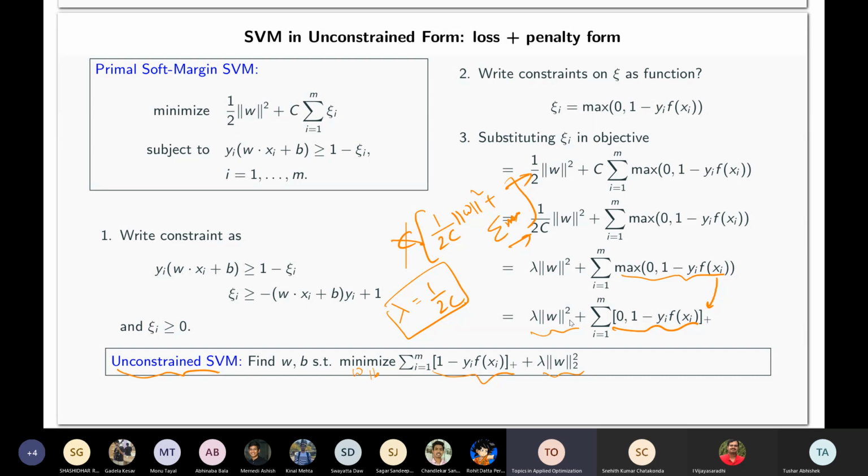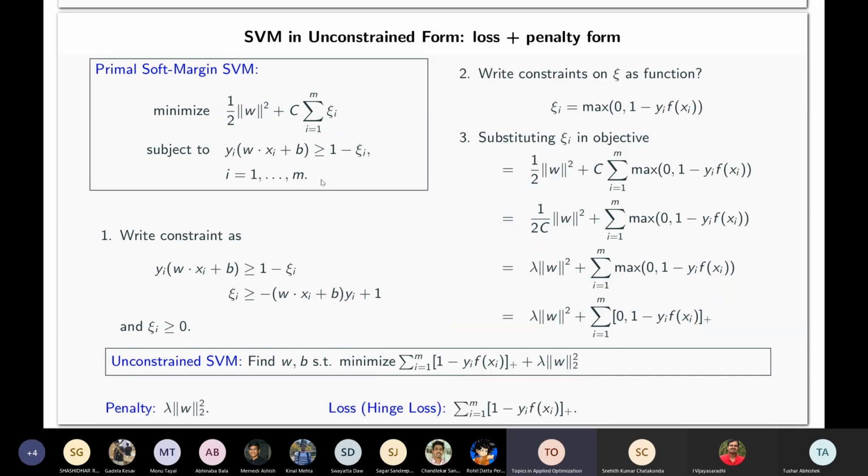What we achieved is an unconstrained optimization problem from a constrained one, and this also works for soft margin, since the soft margin is covered here. Depending on how much softness you want, that depends on C. So C will decide how much softness we want.